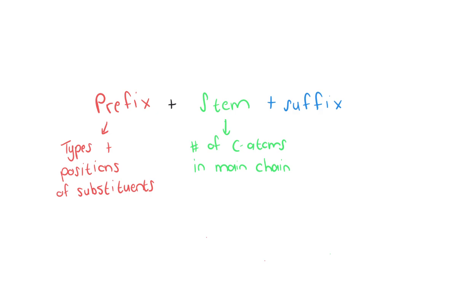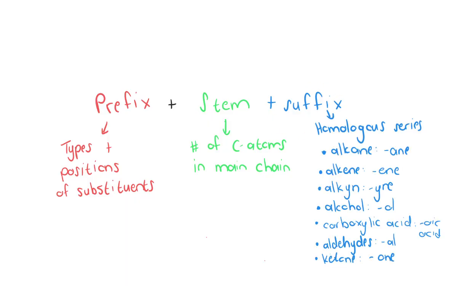In this case, we didn't have a specific functional group when we looked at the alkanes, but now we are looking for a specific group of atoms called the functional group that are characteristic to each homologous series. So the stem now has to contain that functional group, and the suffix tells us which homologous series the compound belongs to. So here's the list of all the suffixes for the different homologous series. There is a table in my study guide that summarizes this very nicely.